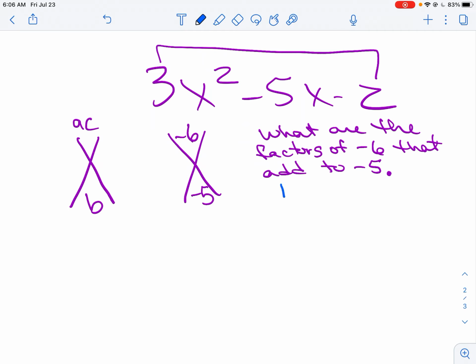So if I have 1, that would be 1 and -6, because 1 times -6 gets me -6. I also have -1 and +6. I like to do it in a certain order. 2 times -3, or -2 and 3. It doesn't matter which order you do it in, I just do it that way. So then I'm going to add them together.